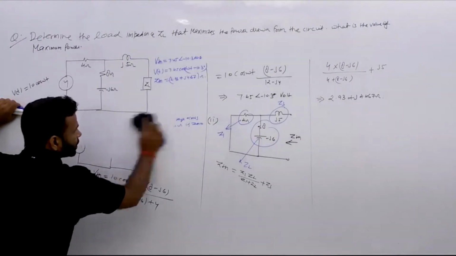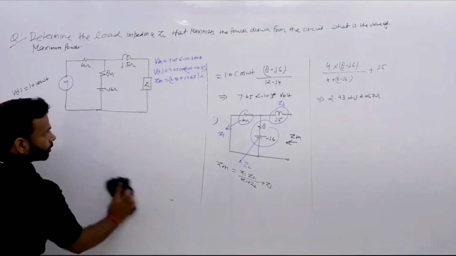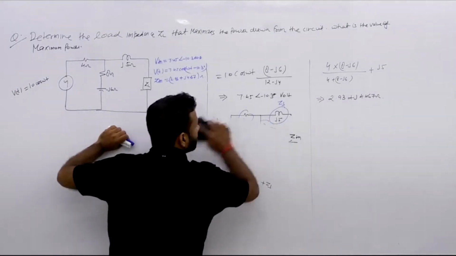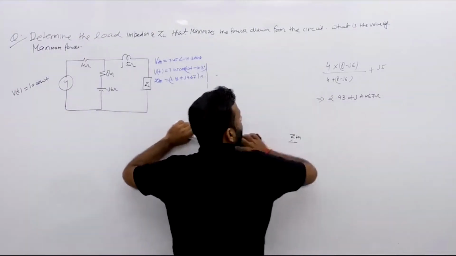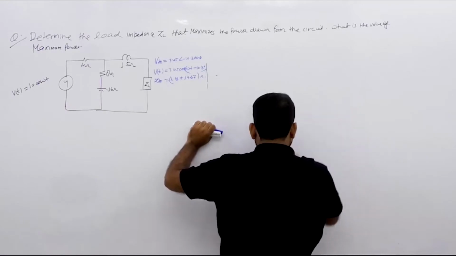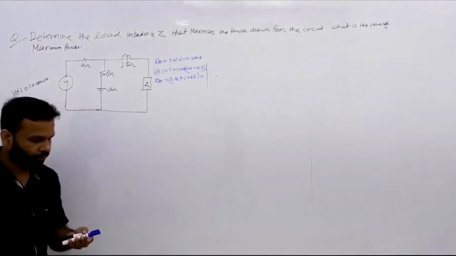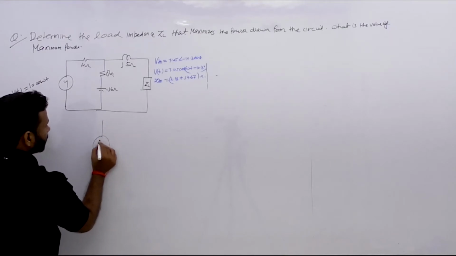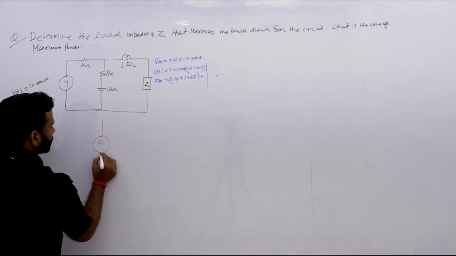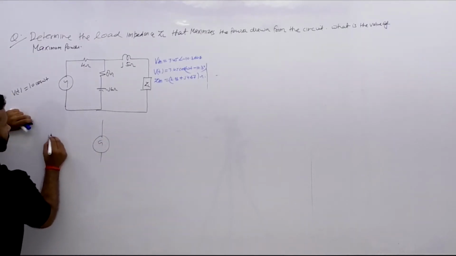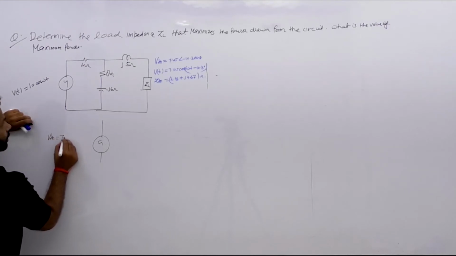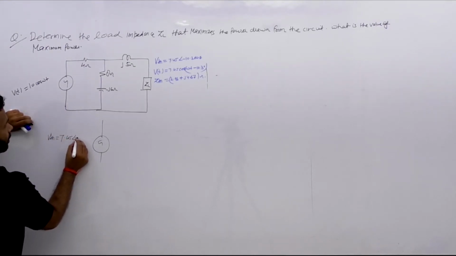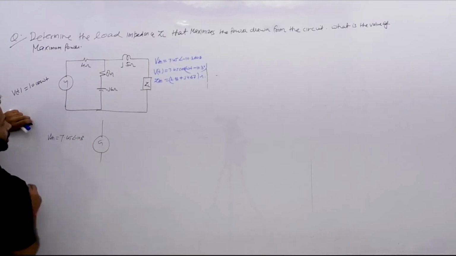Now we will draw the Thevenin's theorem model. Because we have calculated VTH and ZTH, VTH is equal to 7.45 angle minus 10.3 degree.